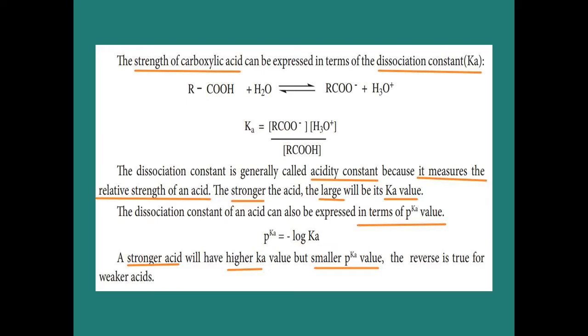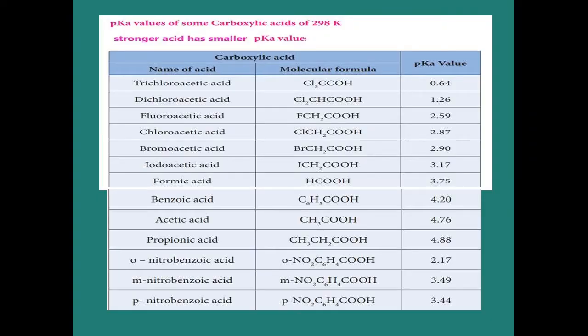A stronger acid always has a higher Ka value but a smaller pKa value. In the same way, a weaker acid has a lower Ka value but a larger pKa value. A stronger acid will have a higher Ka value but a smaller pKa value.